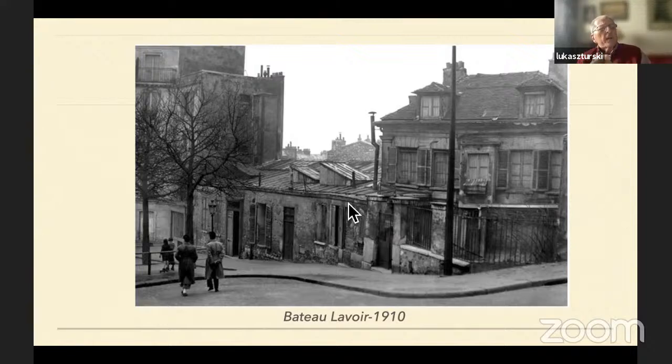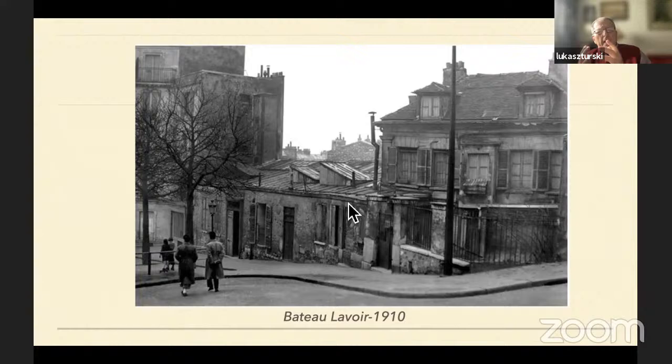But that was actually a place for rent. It has a lot of little and not particularly comfortable apartments, but the main reason why the artists moved into it was that it was extremely cheap.